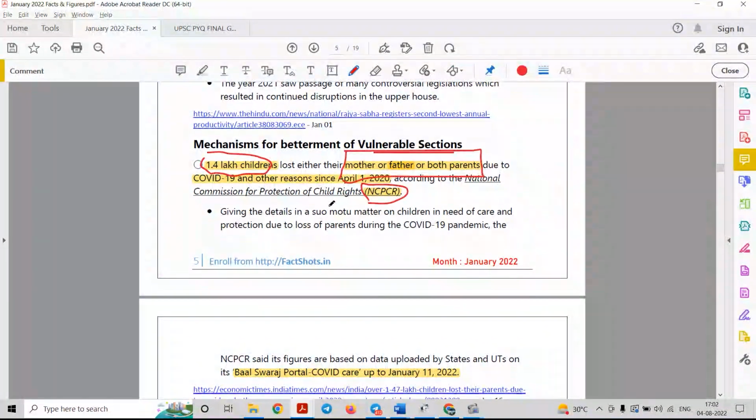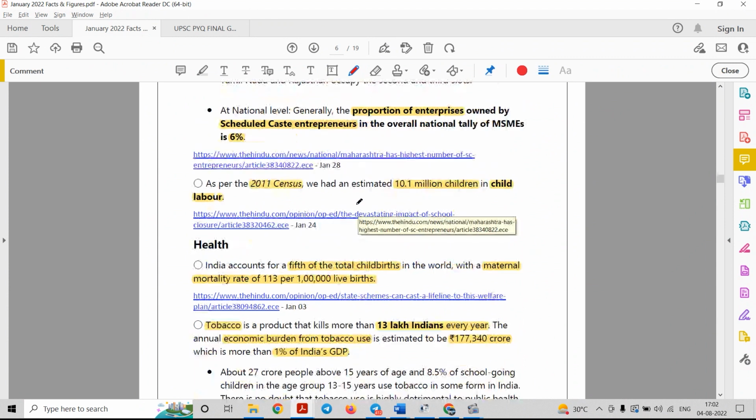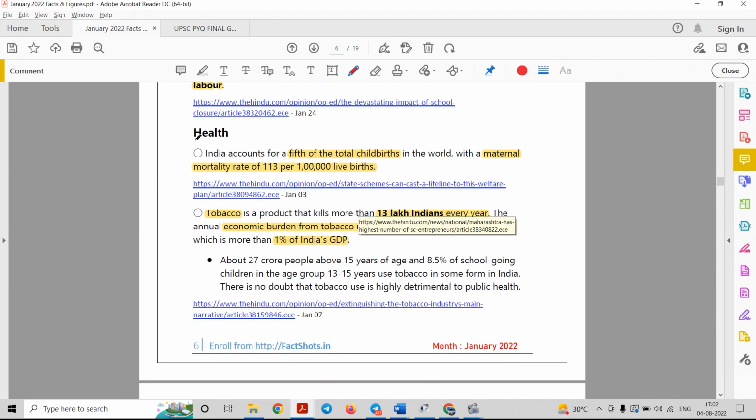Okay, so let us move to the next part, that is the health part. We know that in India the percentage of public expenditure on health is already less than 1.5%. This particular fact is talking about how India accounts for one fifth of the total childbirths in the world.